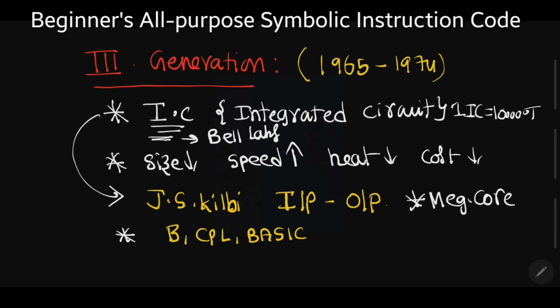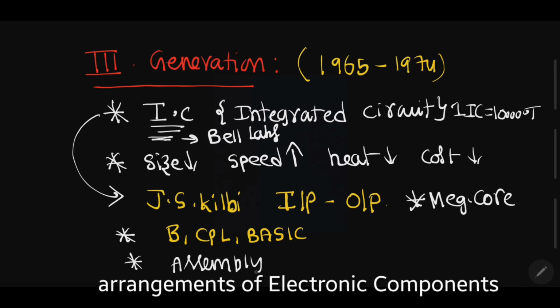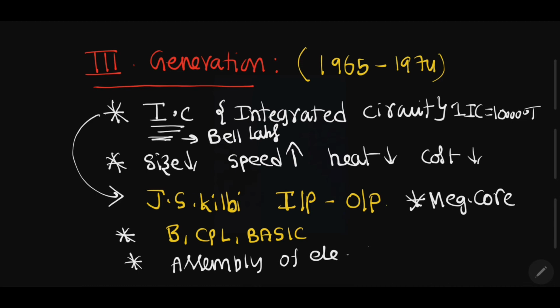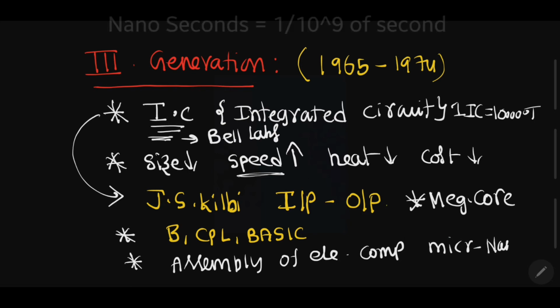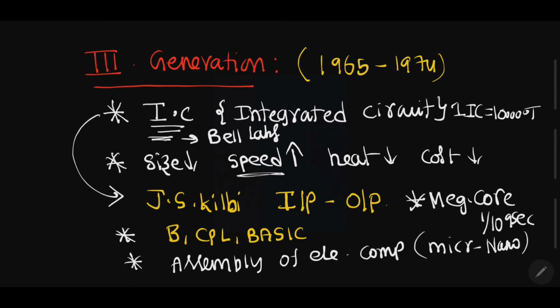Third generation computers allow assembly of electronic components. Different kinds of devices we can assemble easily. Okay, and the speed is converted from microseconds into nanoseconds, like 1 by 10 power 9 of a second.